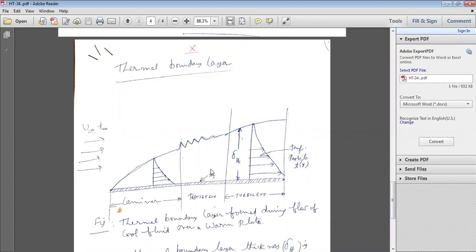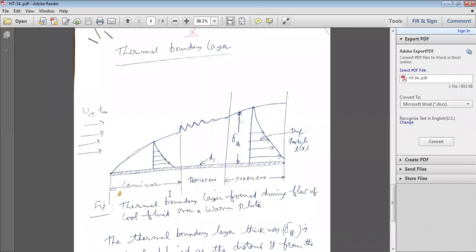Then in addition to the hydrodynamic boundary layer formed by velocity, a thermal boundary layer will be formed on a flat plate, if we take the example of a flat plate.